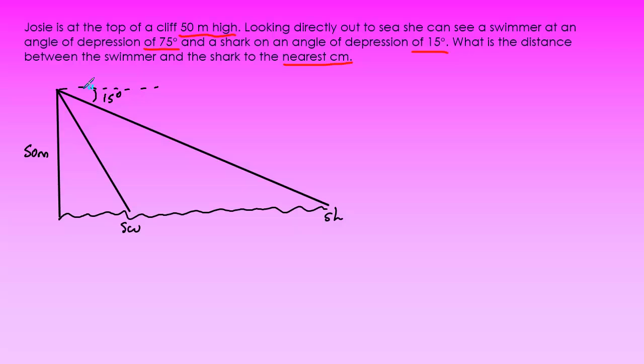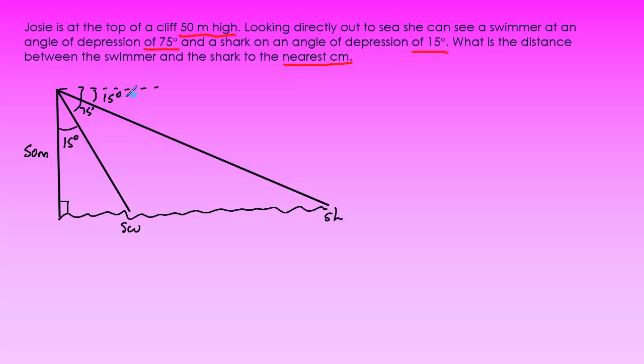And then this is 75 degrees, this angle here, that's the angle of depression to see the swimmer. And of course, this is a right angle here. So, if we think about this triangle, this angle here is 15 degrees.